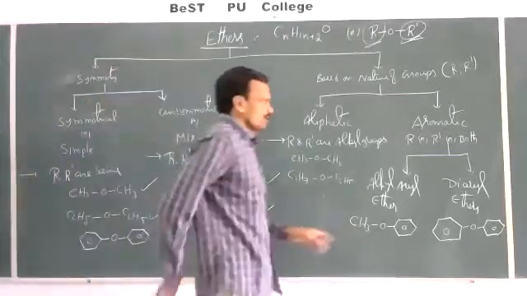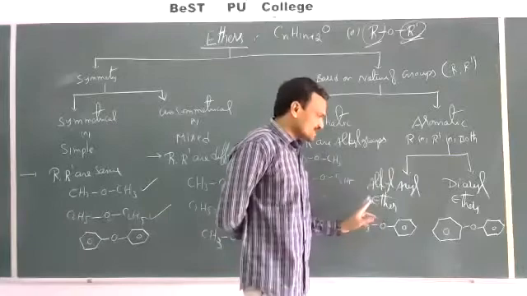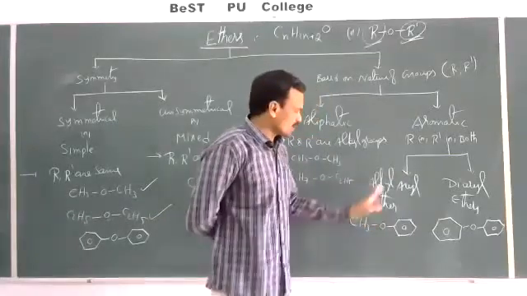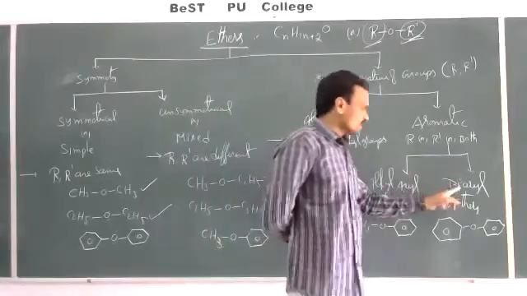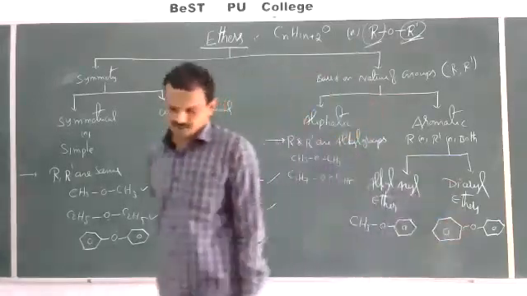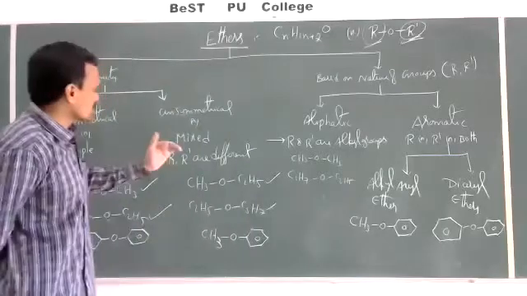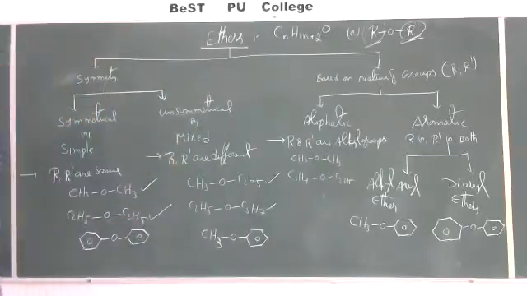Now again in that, if one is alkyl group, one is aryl group, it is called alkyl aryl ether. If both are aryl groups, that is called diaryl ethers. Like that, the ethers are classified based on the symmetry and based on the nature of the groups which are bonded to the oxygen atom. So this is regarding classification of ethers.